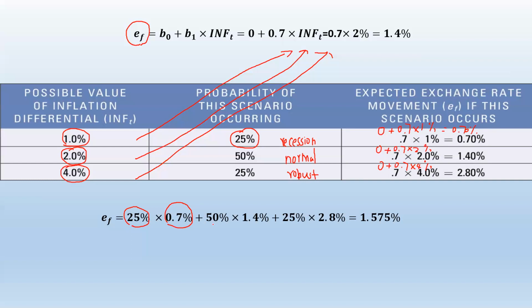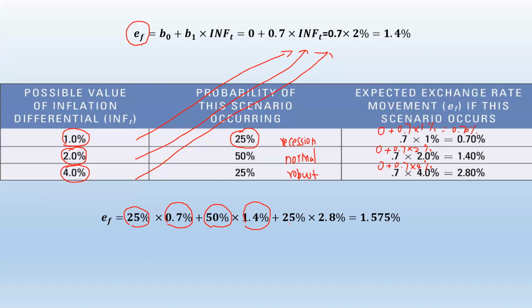And for the second scenario, the probability that this scenario happens is 50%. And if this scenario happens, then the expected exchange rate movement will be 1.4. This is more like a weighted average. We weight by the probability.